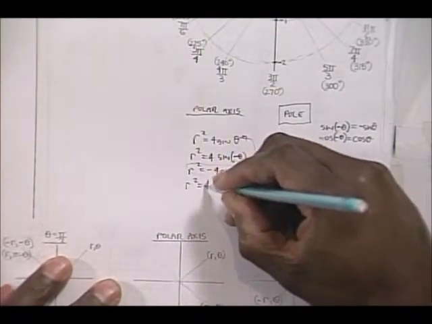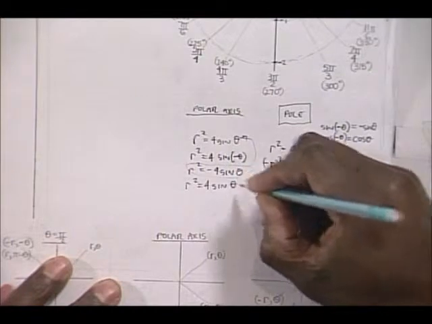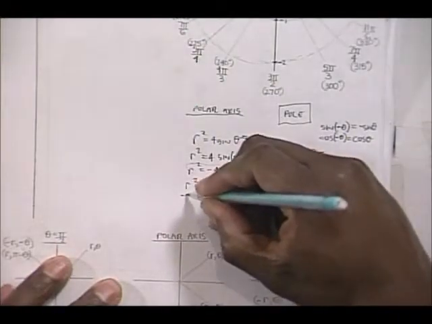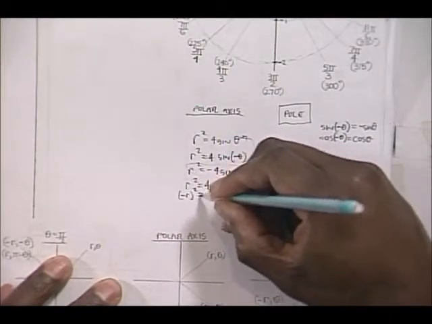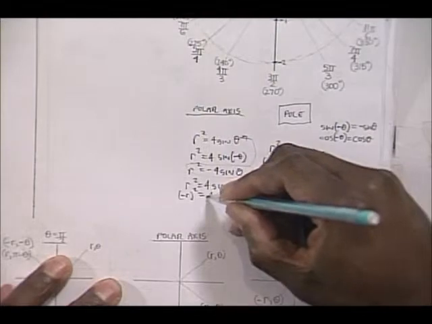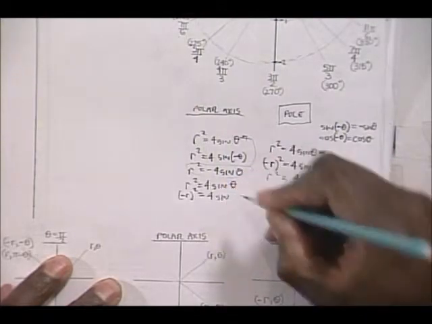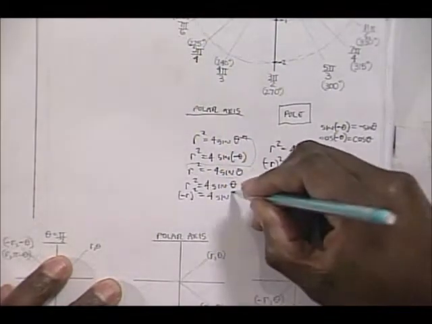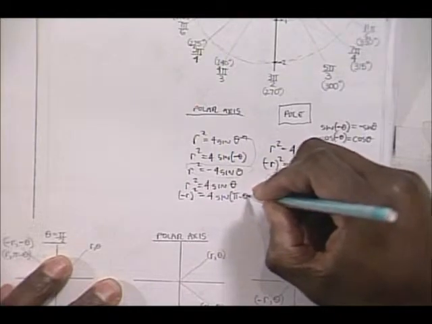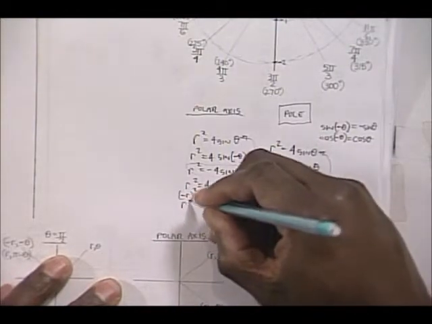r squared is equal to 4 sine theta. All right, so now let's substitute in negative r squared is equal to 4 times the sine of pi minus theta. So you end up with r squared.